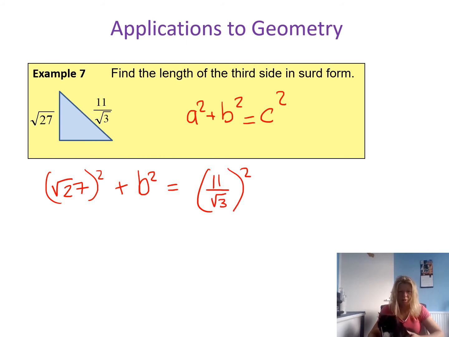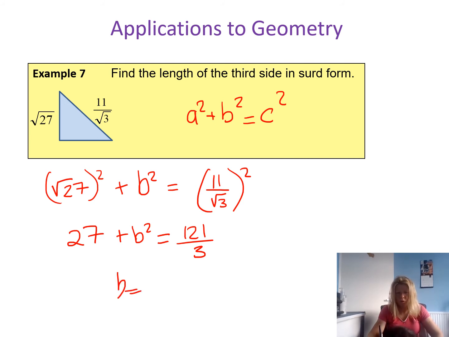So root 27 all squared is 27 plus b squared, and that thing squared is 121 over 3. So it's just 27 of that thing. So b equals, and does 121 divide by 3? I wonder. Maybe it does.